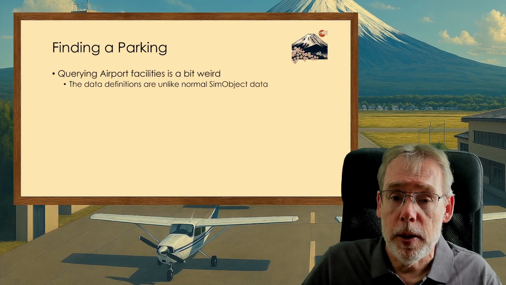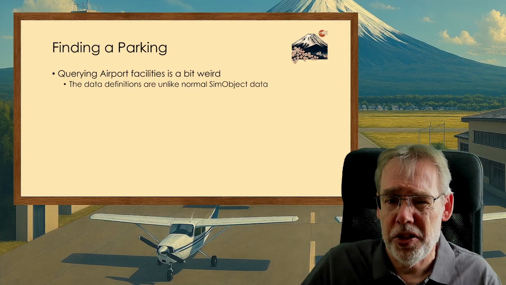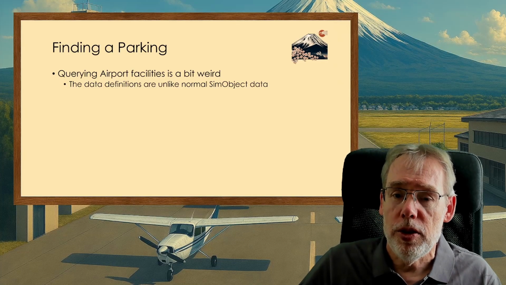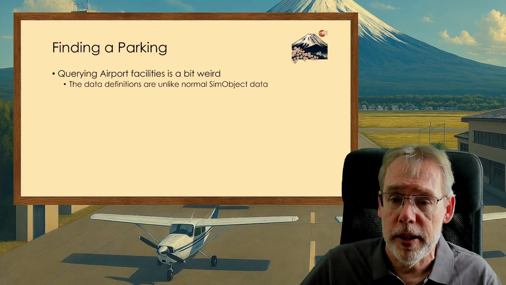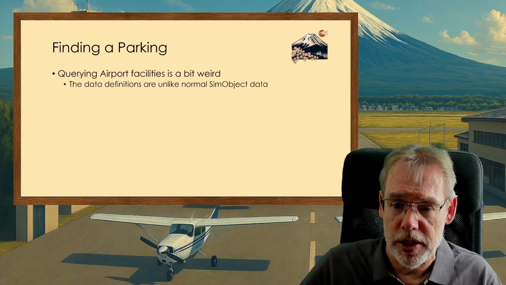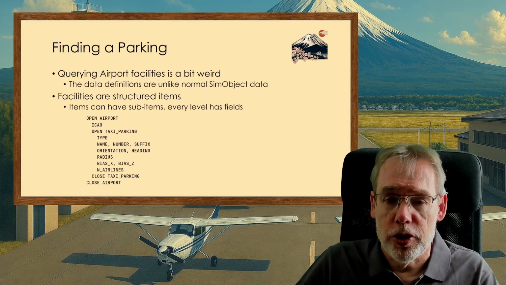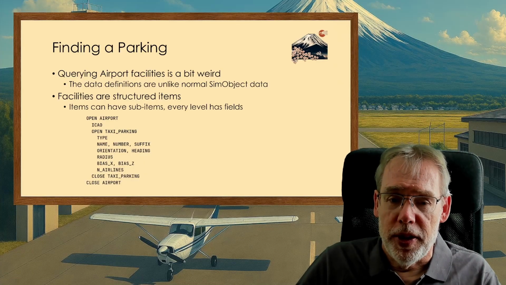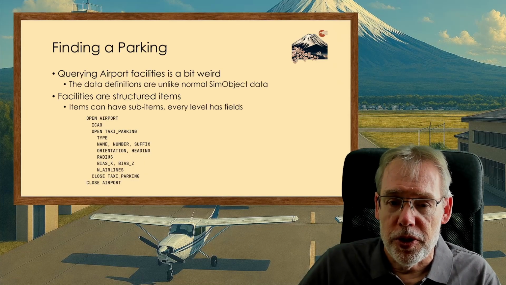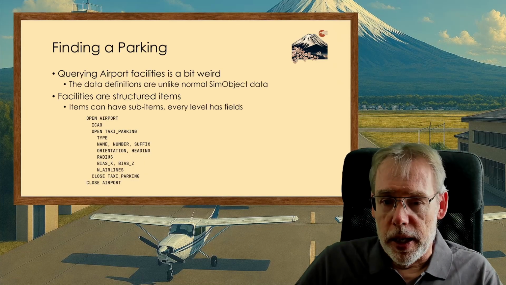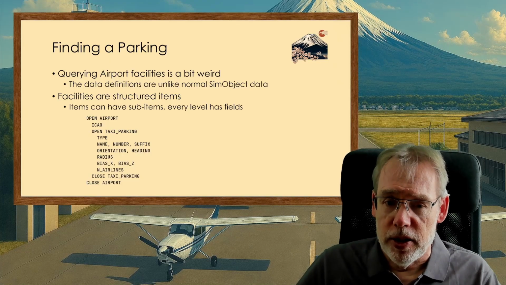We can query airport facilities, but this is a bit weird because the data definitions that you need to use for this are unlike the normal SimObject data definition. Facilities are structured items. And with that, I mean they are items that can have sub-items. And every level has fields.